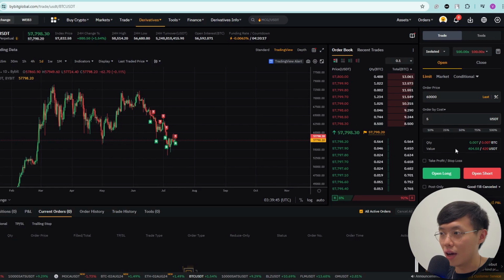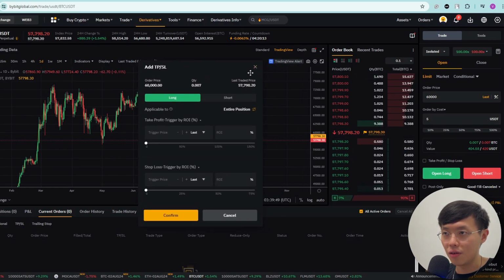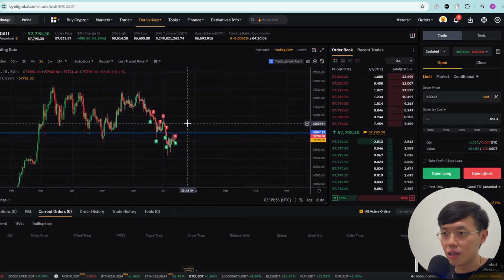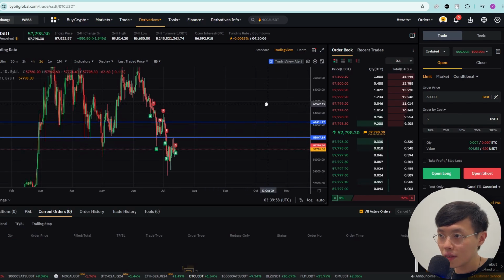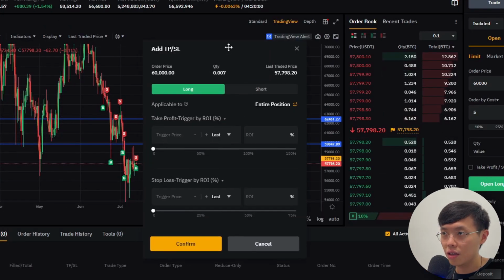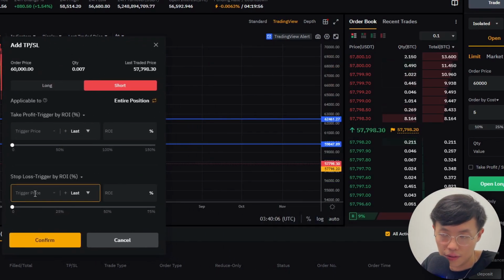Let's say I want to have a TPSL, again, for short. Let's say I want to have 60 here, and then we have a stop loss here. I have the stop loss here, the TP here, and then we want to click on short, and then let's see our stop loss trigger.